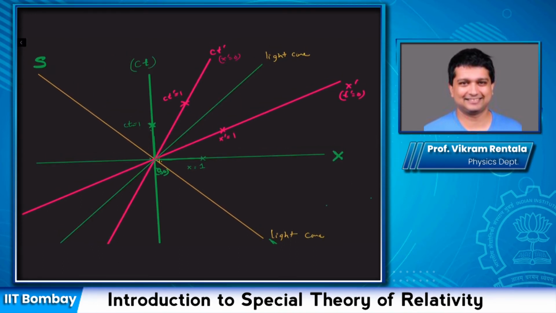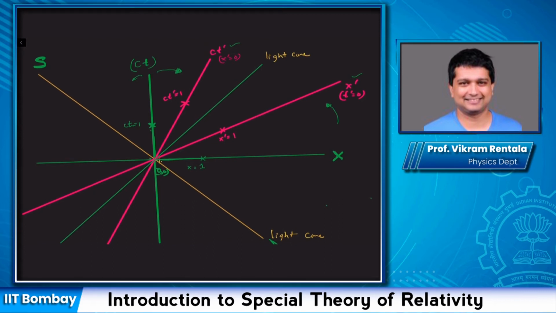So far we have seen that the axes of coordinates as seen by the primed observer, that is the x prime axis and the t prime axis, appear to be tilted with respect to the x and t axes, and they also appear to be squeezed. The x prime axis is tilted this way, but the t prime axis is not tilted this way, it's rather tilted this way.